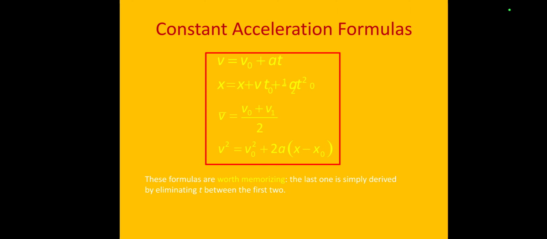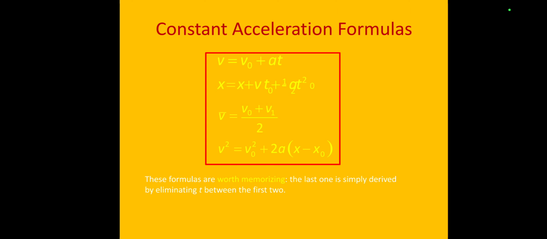Again, x is equal to x naught plus v naught t plus 1 half a t square, where x is the final displacement, x naught is the initial displacement, v naught is the initial velocity, 1 half is multiplied, a is acceleration, and t is time.